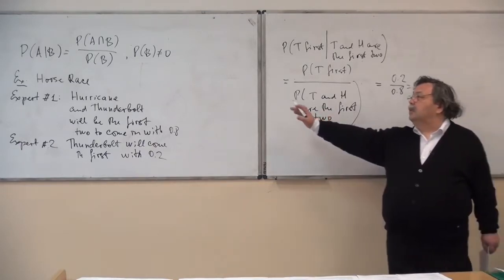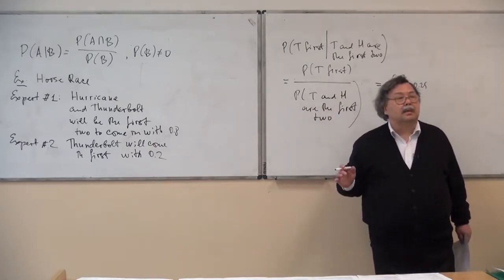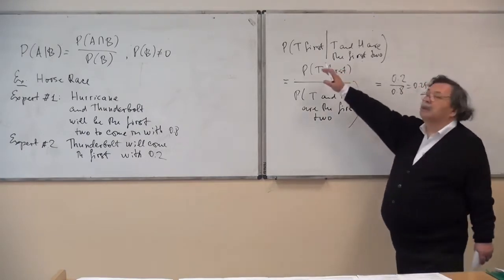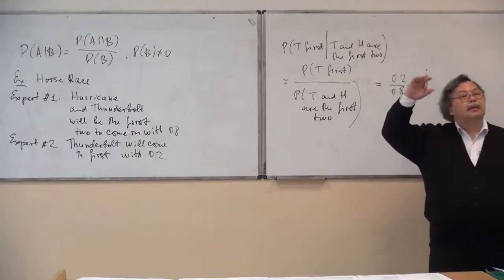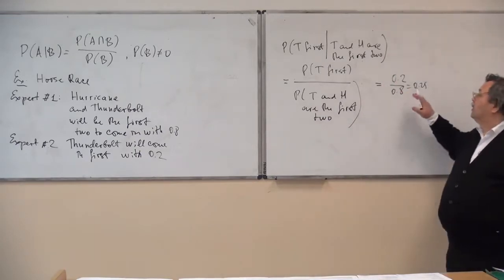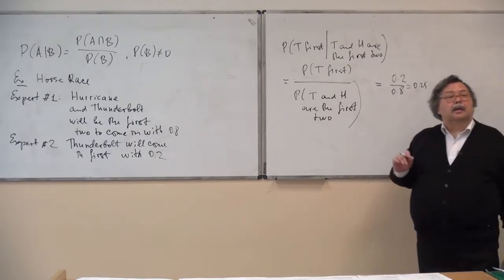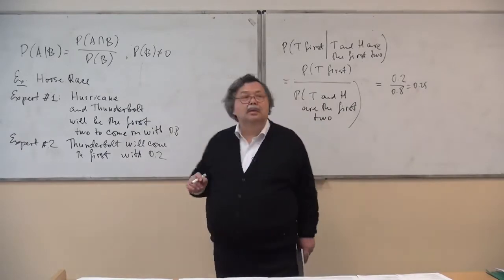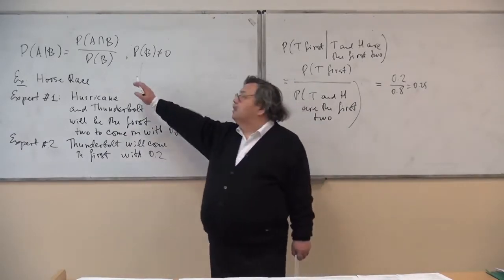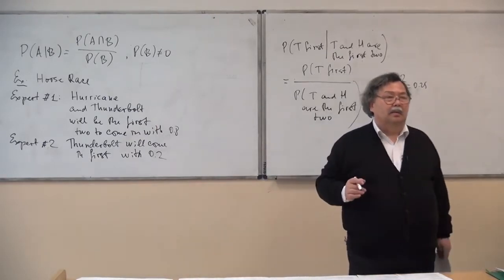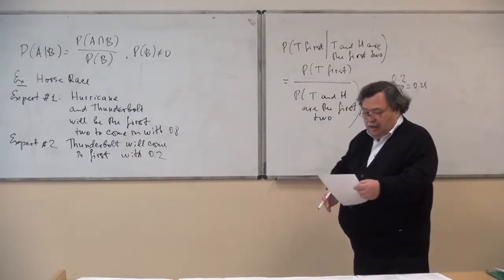So if these forecasts make sense, if they can be relied on, then the conditional probability of Thunderbolt coming in first, given that Thunderbolt and Hurricane are the first two to come in, must be this. I give you this example specifically to illustrate that this definition of conditional probability can be applied outside the classical model.